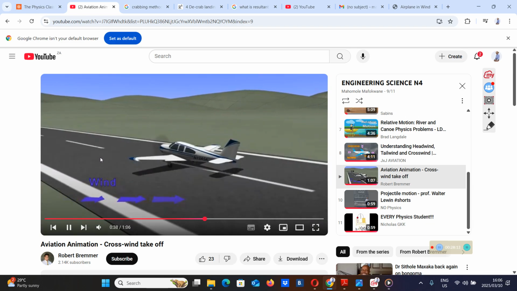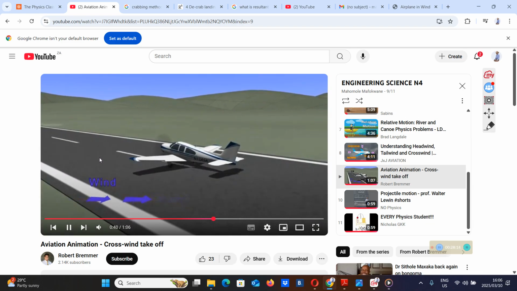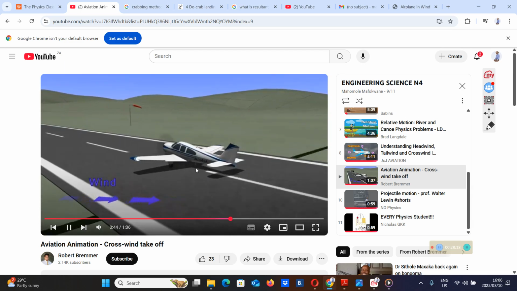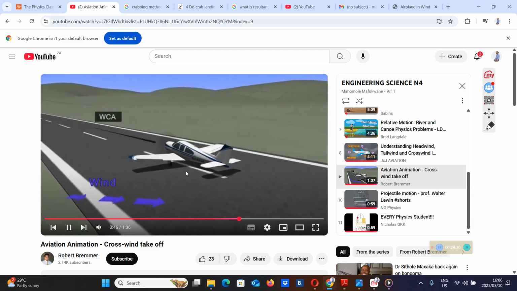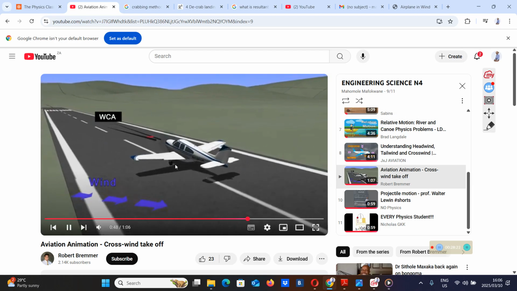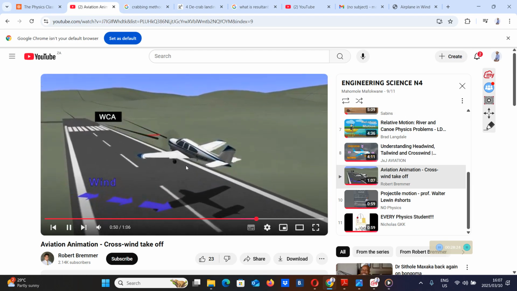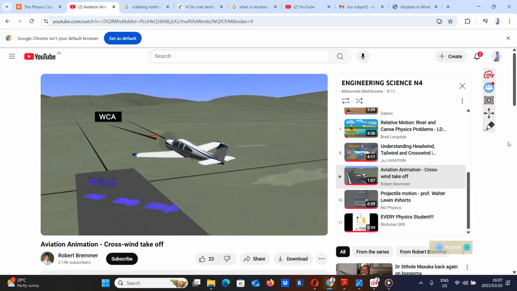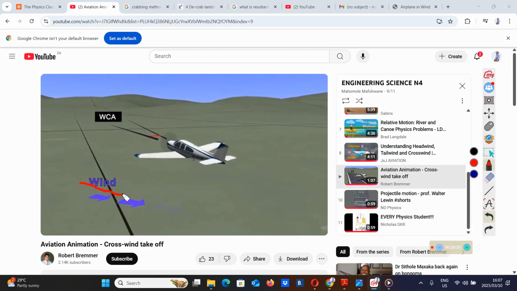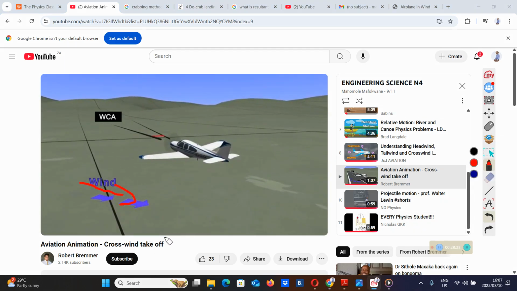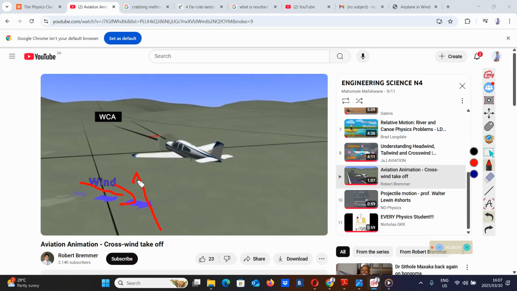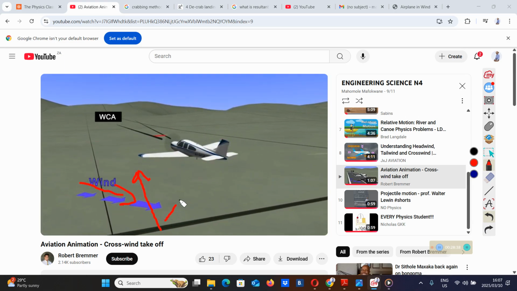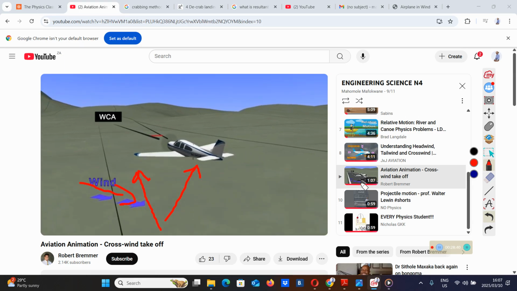It's not yet moving in the air. Our frame of reference is when this thing starts to move in the air. Now we can see it is still in contact with the ground. Once it starts to move in the air, look what's happening. The wind is blowing in this direction, as they are showing you there. This thing was trying to move straight like this, but because of this wind, it ended up taking this direction.